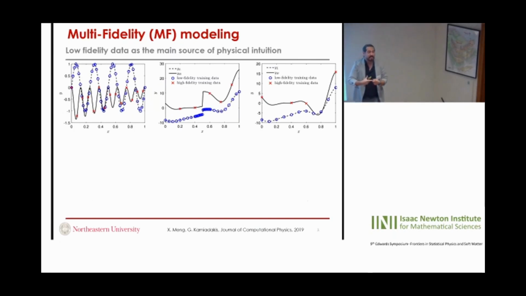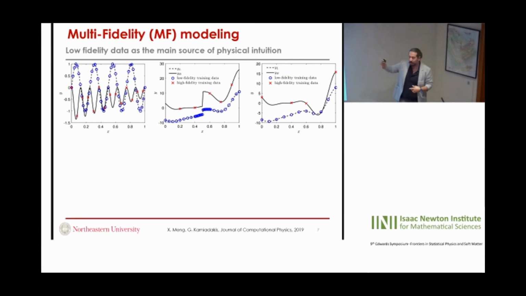Maybe those are experiments you believe in, or maybe high resolution simulations you believe in. But those are the high fidelity data that you have. Then the blue guys here, more abundant, but not accurate. Maybe again, bad experiments or lower resolution simulation. Whatever defines low versus high fidelity in your own perspective.